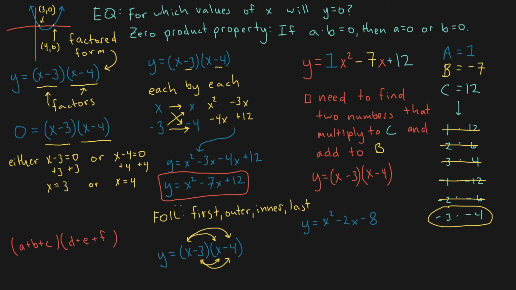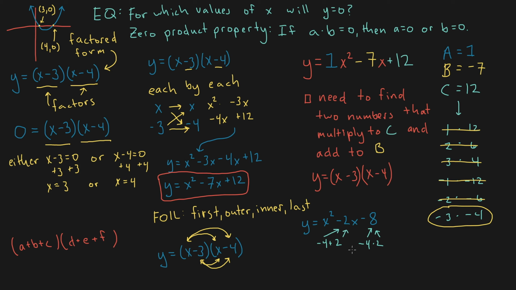You could make out a list of numbers. I just happen to know off the top of my head that negative 4 times 2 makes negative 8. So if I have negative 4 times 2, that's going to make negative 8. And then negative 4 plus 2 is going to make negative 2.